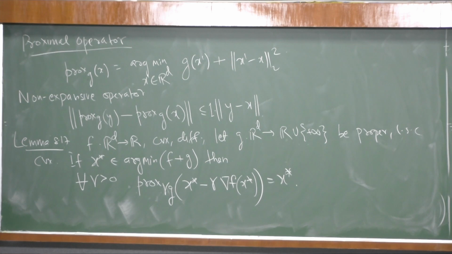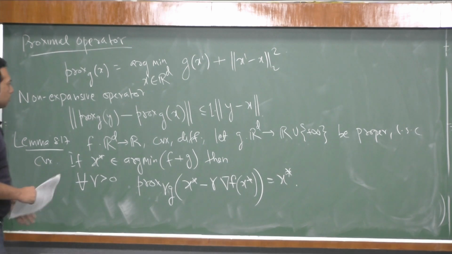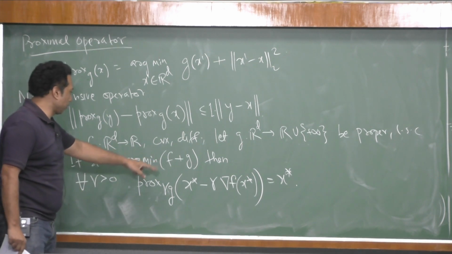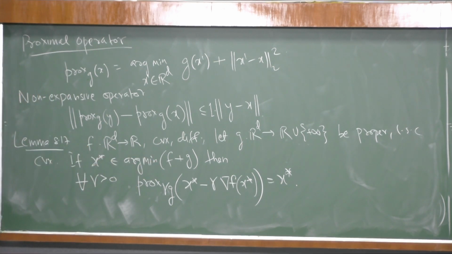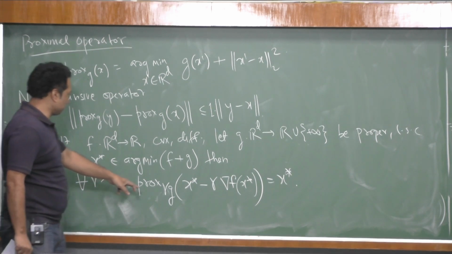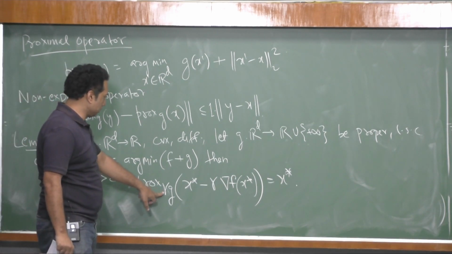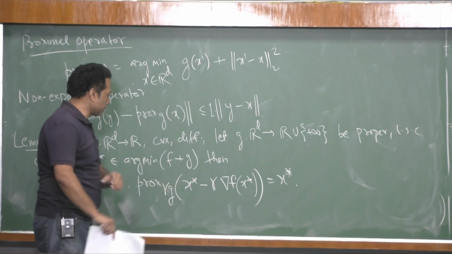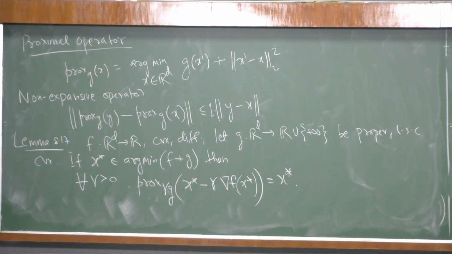f is convex and differentiable, and g is lower semi-continuous and convex also. So if x star minimizes f plus g, then the proximal of gamma g computed at x star minus gamma grad f of x star should be x star.